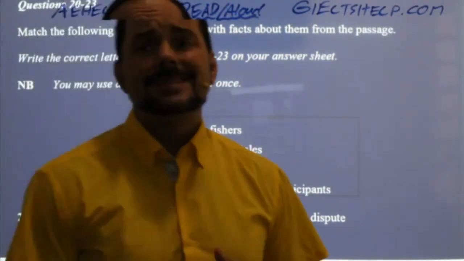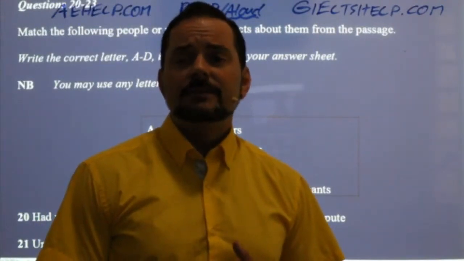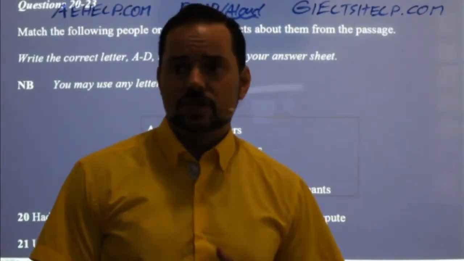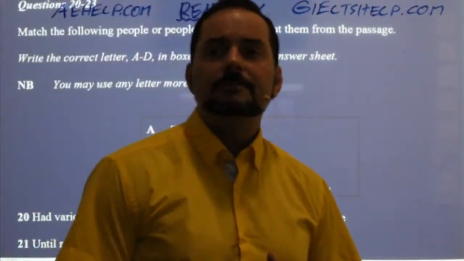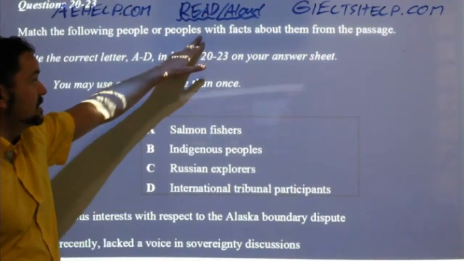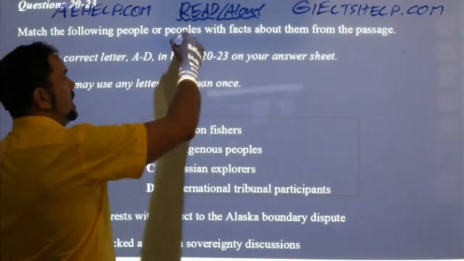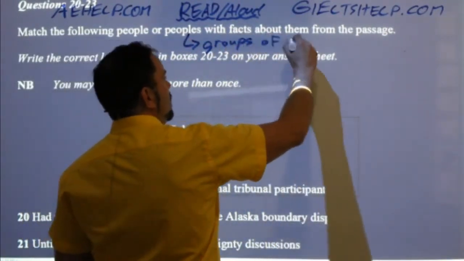Amanjot, the meaning of simulation is when it's just a created event that copies the original, but it's not the original. Carolina, yeah, peoples. When you see people with an S, it's another way to say groups of people.